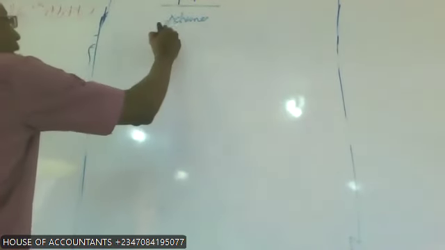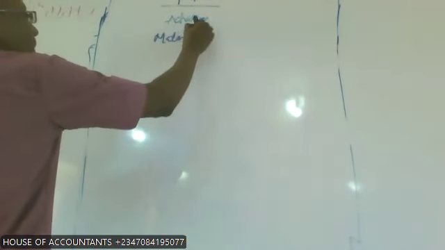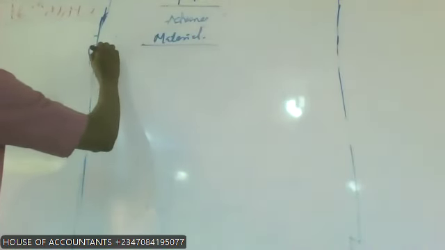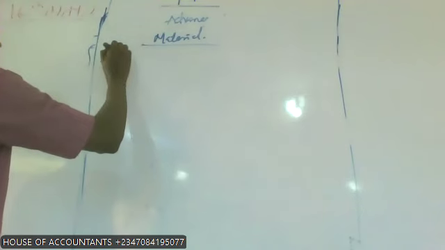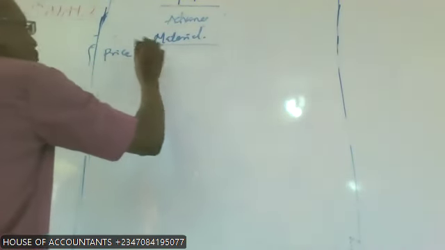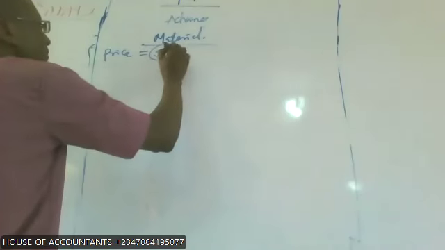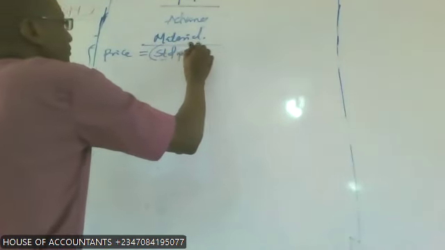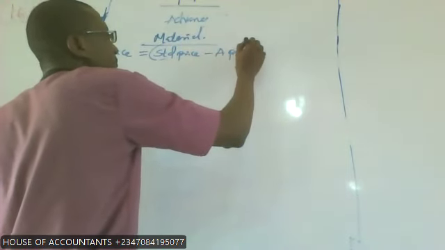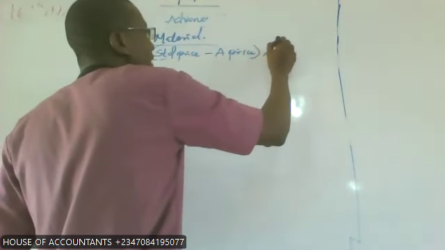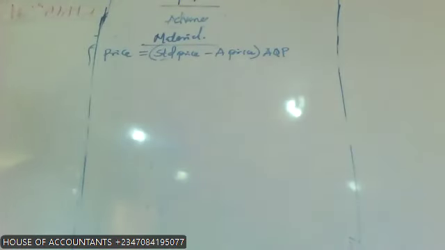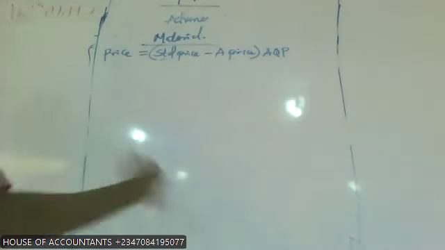So let's start with material, starting with price. For price, it's simple: standard price minus actual price, multiplied by actual quantity purchased.